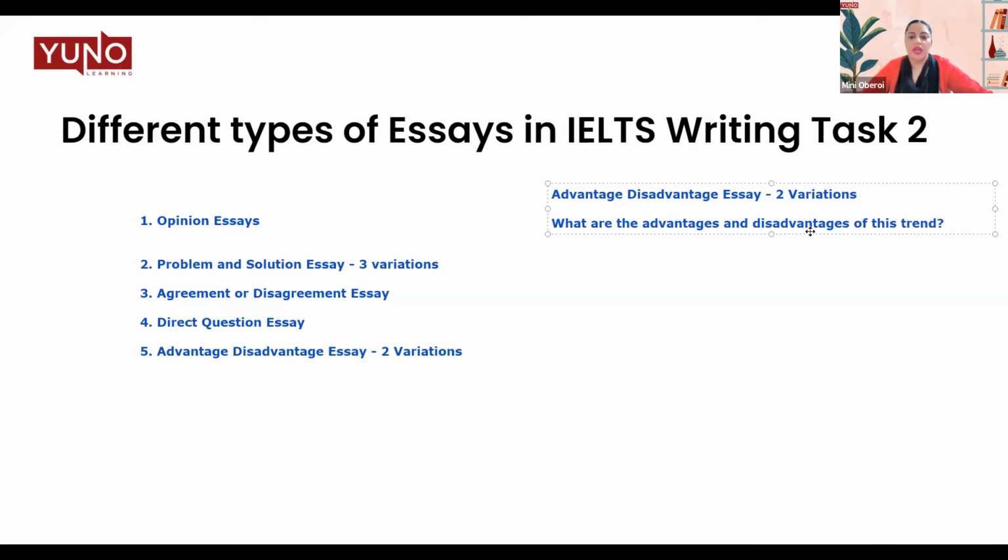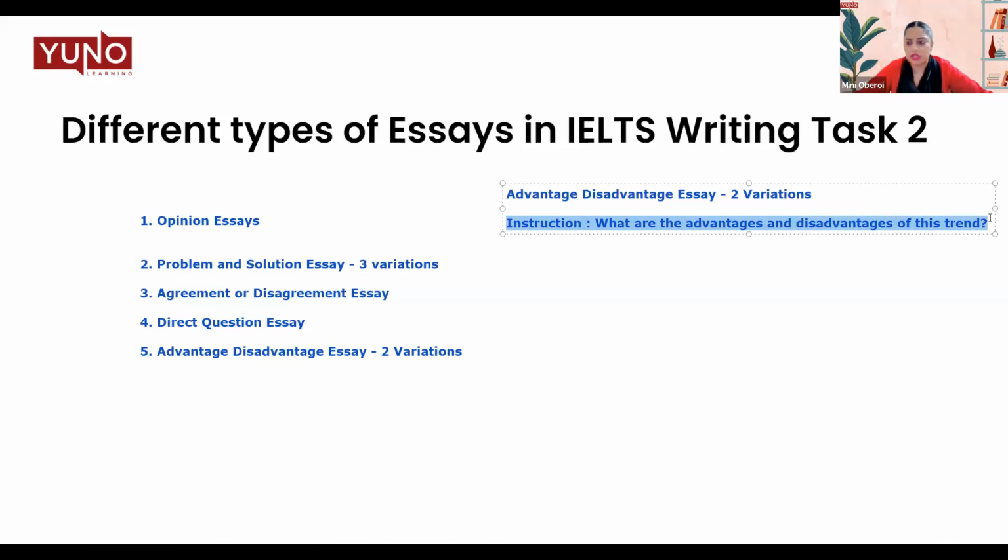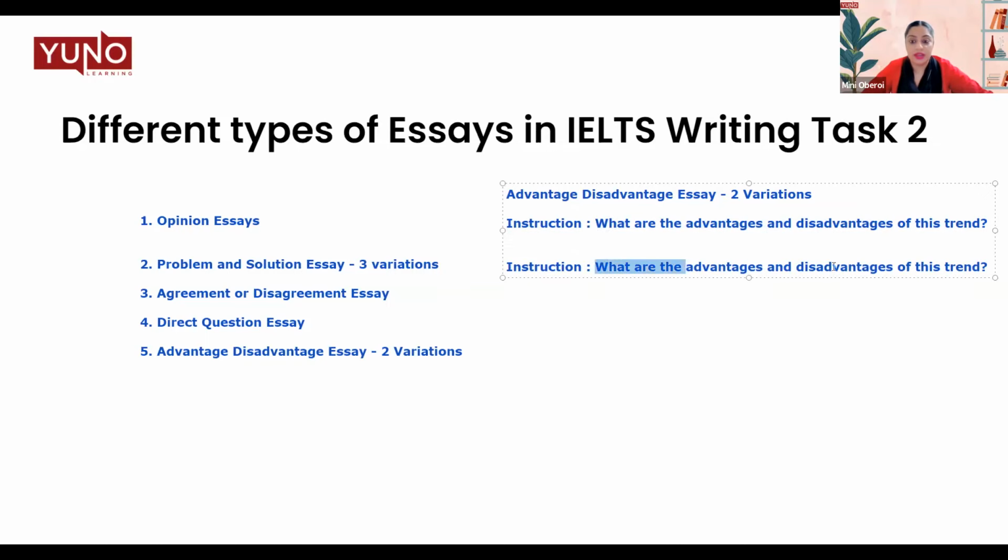This is the instruction that we expect in case of a simple advantage-disadvantage question. They give you a topic, and on the basis of that topic, they may say, what are the advantages and disadvantages of.